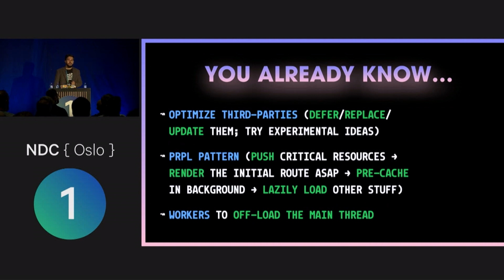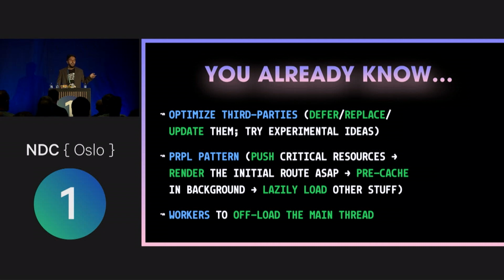We also know we should try to optimize the third-party scripts in our app. For example, first we can defer loading them, but we can also replace them. We can replace Lodash with smaller libs, Moment.js with date-fns or other smaller alternatives. We can also update some of the libraries.